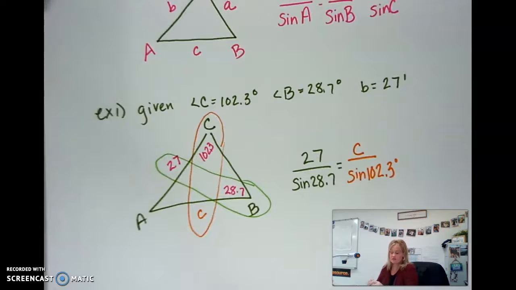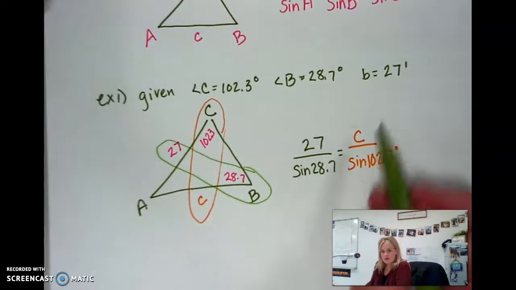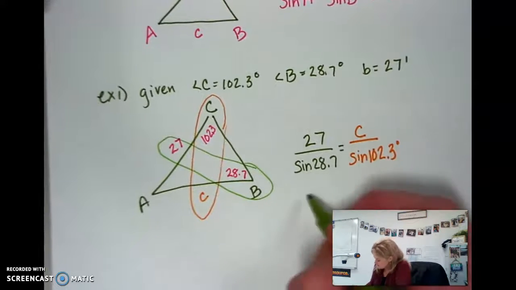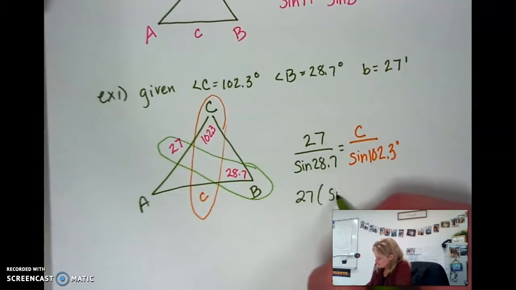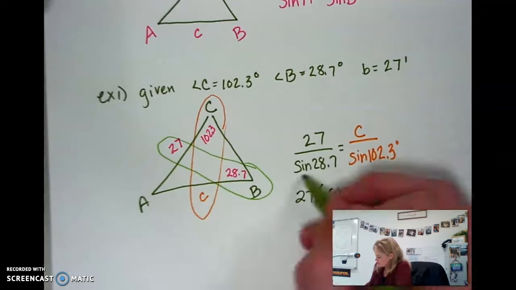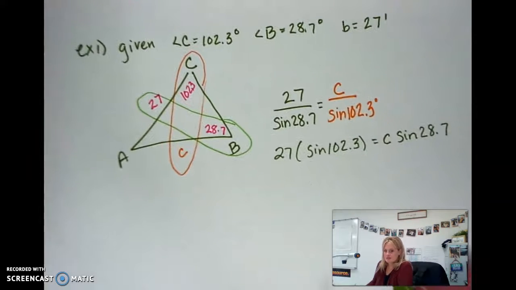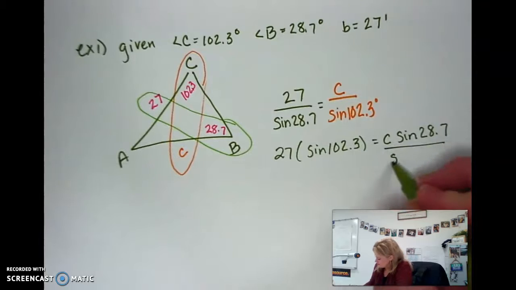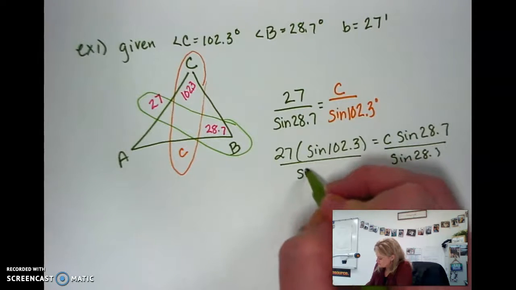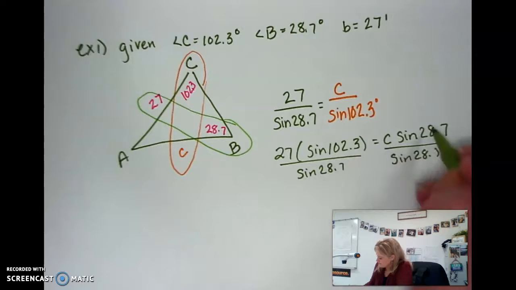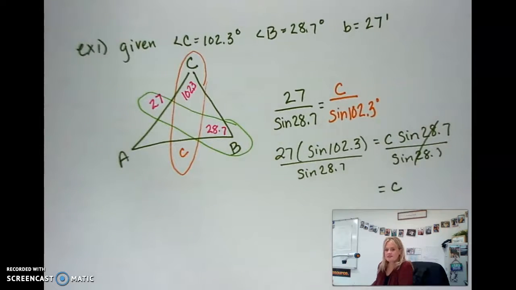And now, how do we solve something like this? We cross multiply. So 27 times the sine of 102.3 equals C times the sine of 28.7. And now if I solve for C, I'm going to divide both sides by the sine of 28.7. And I should have my side C.